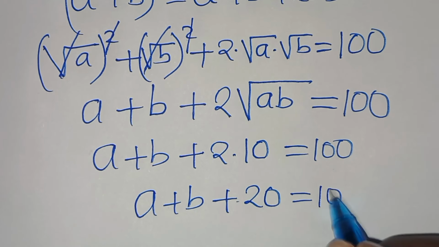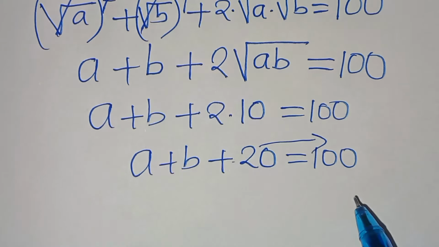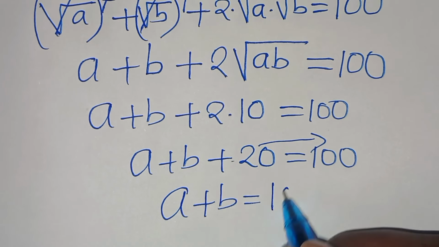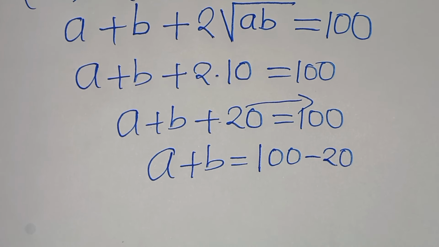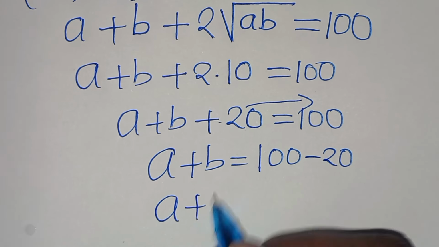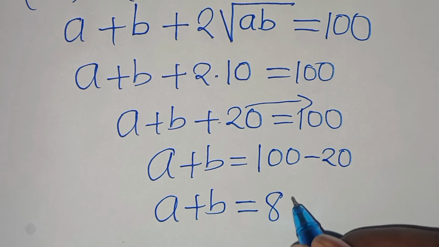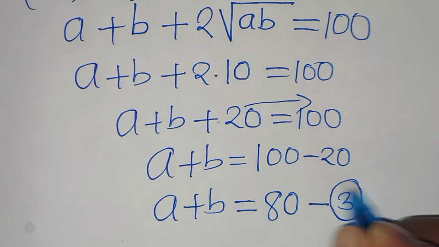This is equal to 100. So let's take 20 on the right hand side so that we have a plus b. This is equal to 100 minus 20. And this implies that a plus b is equal to 80. Let's call this equation 3.